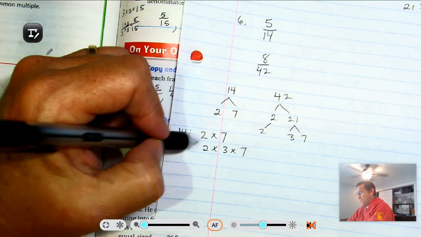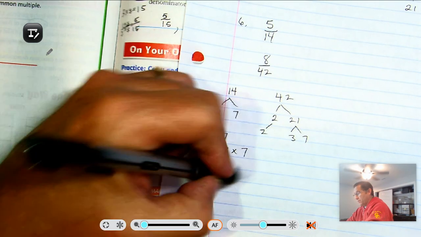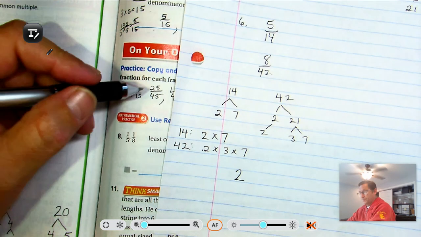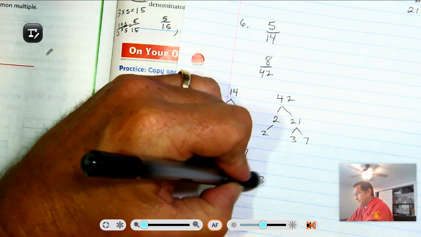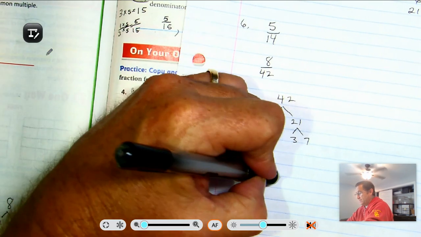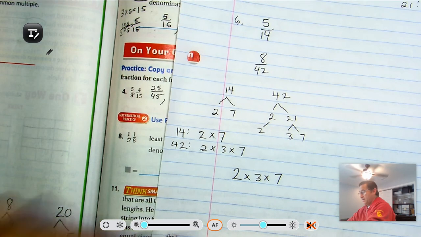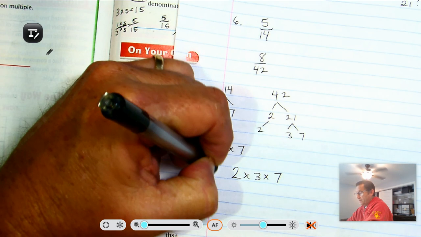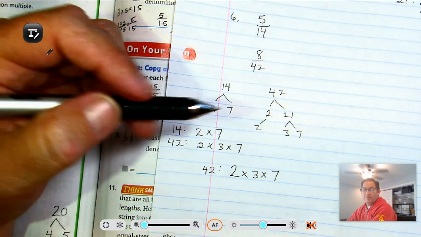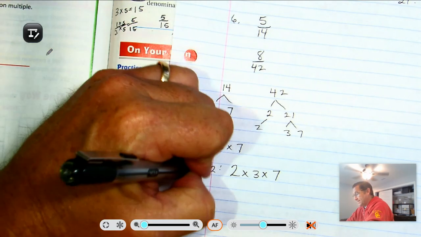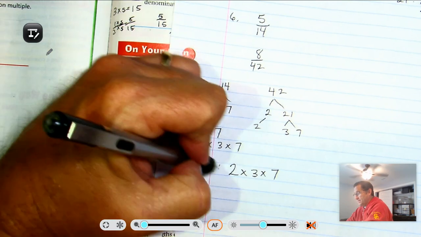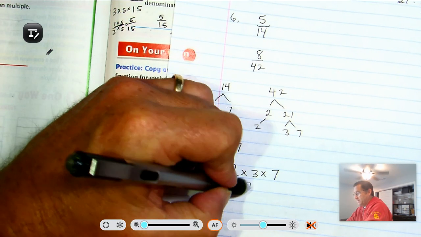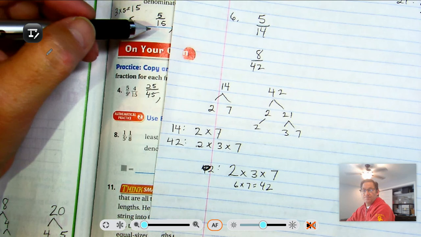All right, so both of these have a 2. I'm going to use only one of the 2's. There's a 3, and both of them have 7's, so I'm going to use one 7. So the least common denominator of 42 and 14 is 2 times 3 is 6, and 6 times 7 is 42.